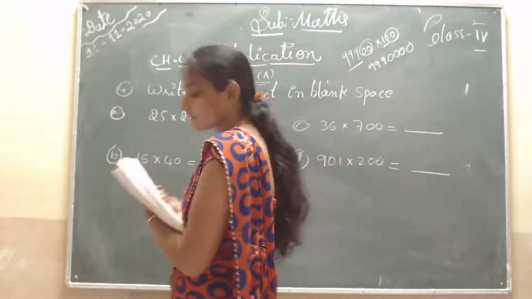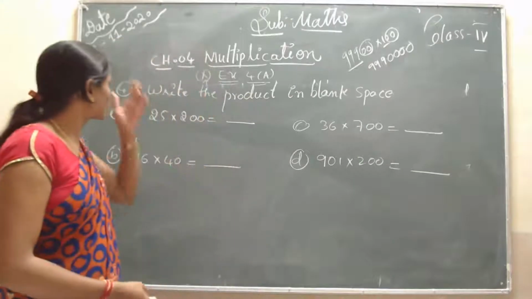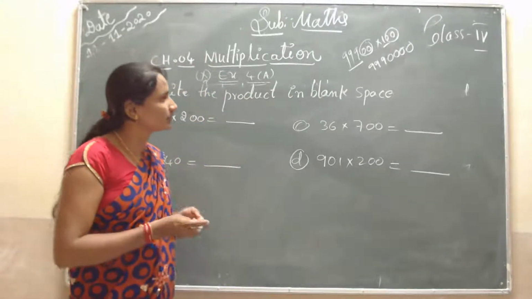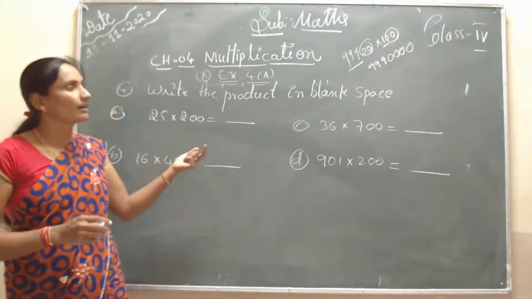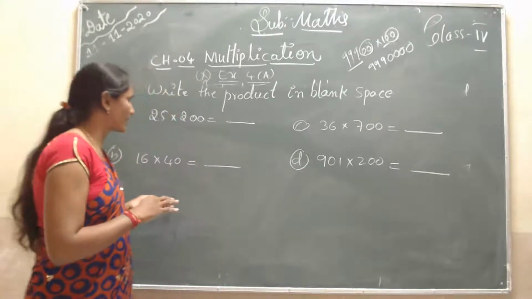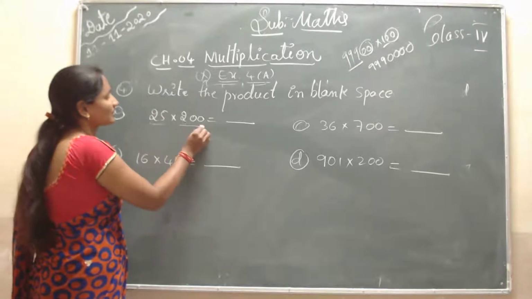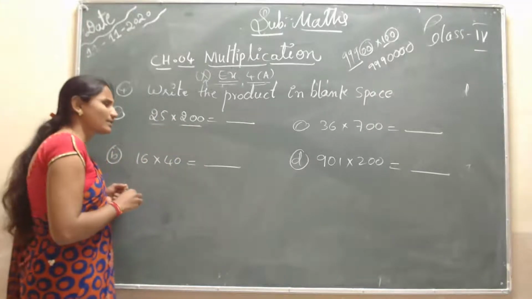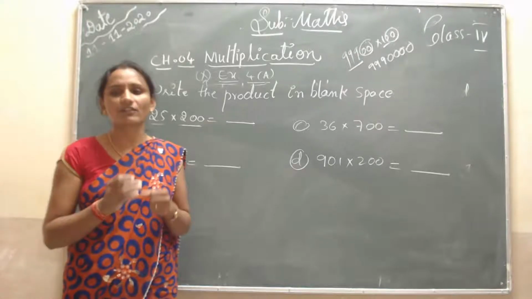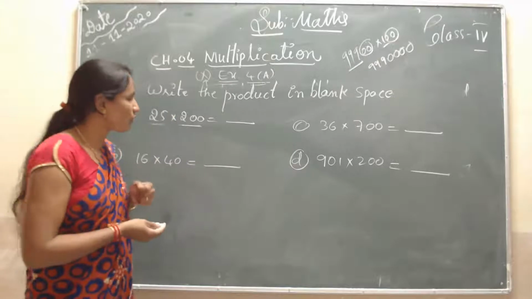What is the answer, students? This question says write the product, fill in the blanks. Students can observe, this is a 2-digit number, this is a 3-digit number. In common multiplication, you have to use the method which takes more time. So you use a very short method.